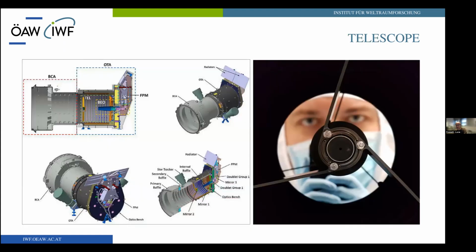This is the telescope, and you'll understand in a moment why I'm showing you the movement of CHEOPS and the telescope together. So this is the telescope, the primary mirror that you see here, and the secondary mirror, which is held by these three spikes, these three spiders, these three arms.